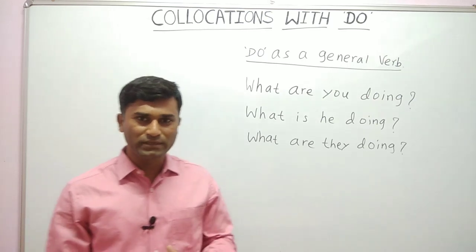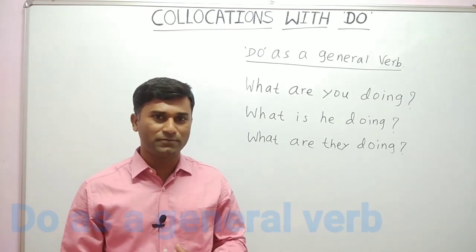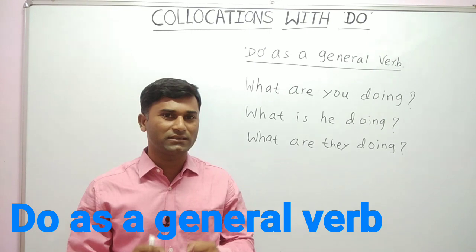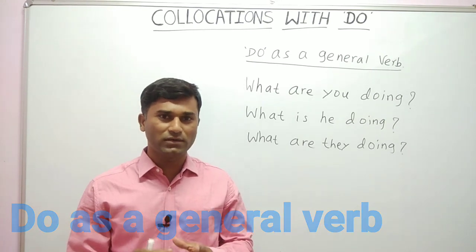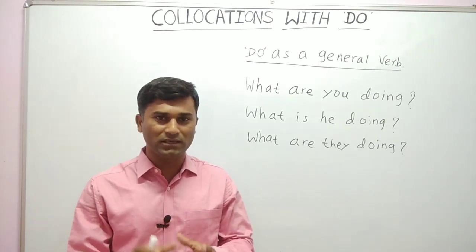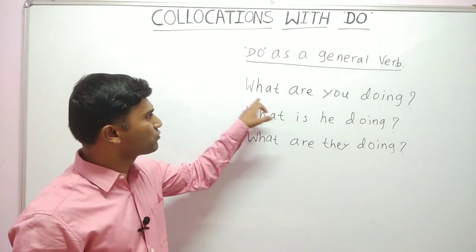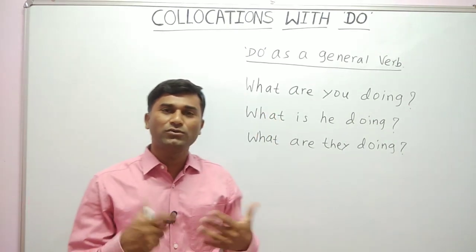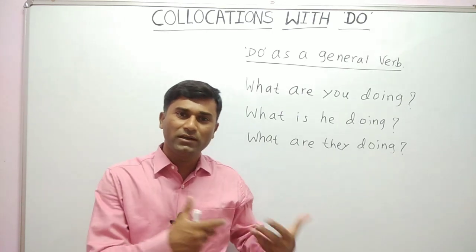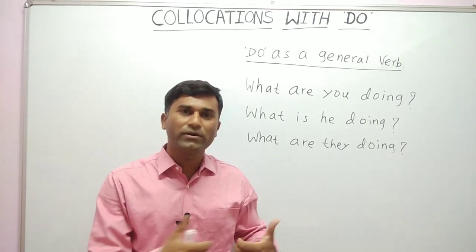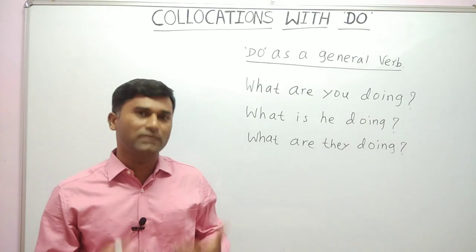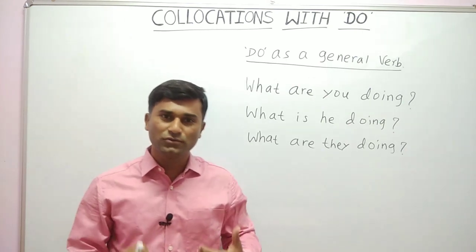The verb do can be used as a general verb. When we use do as a general verb, it means you are busy doing some activity. Here, you can see these sentences. If somebody is doing something, for example, if I am reading a book and somebody asks me, what are you doing?